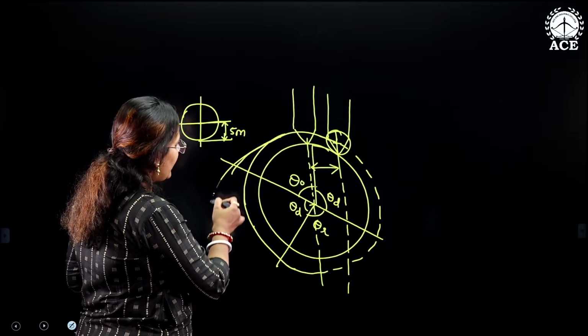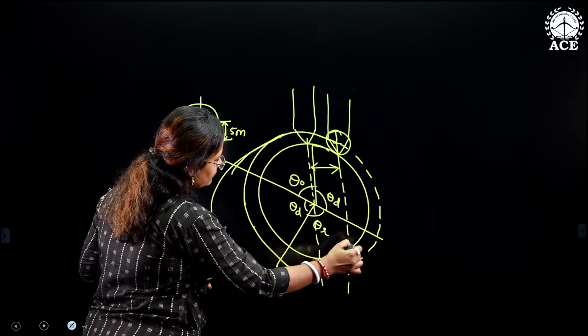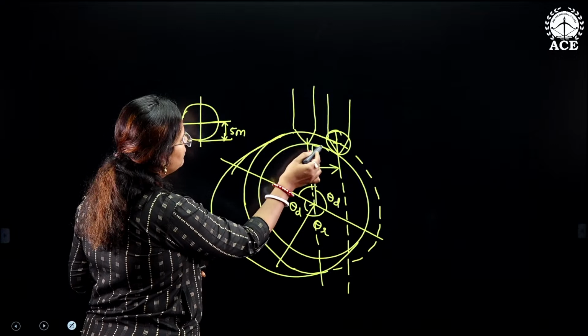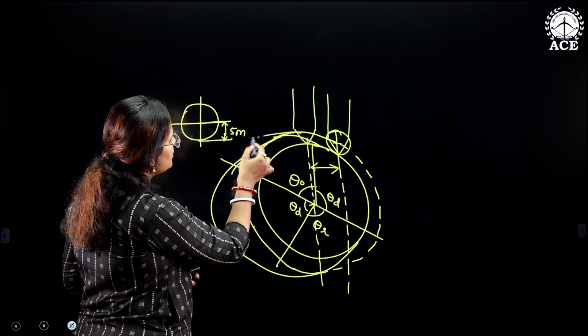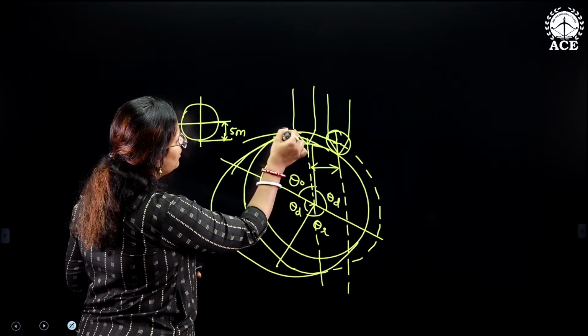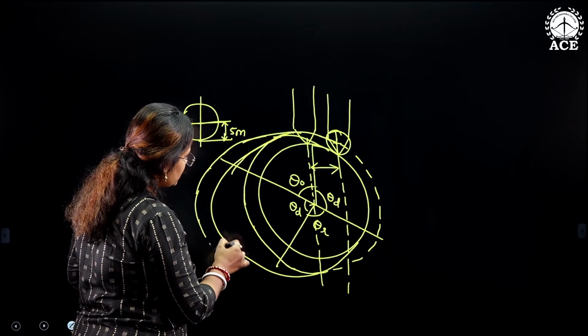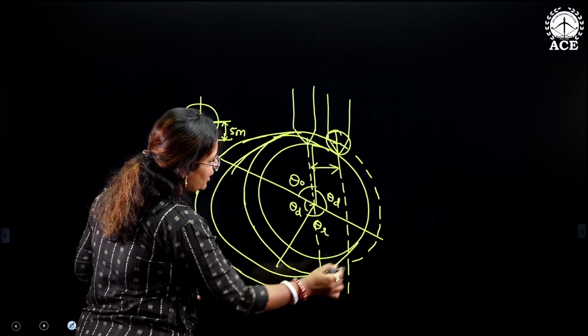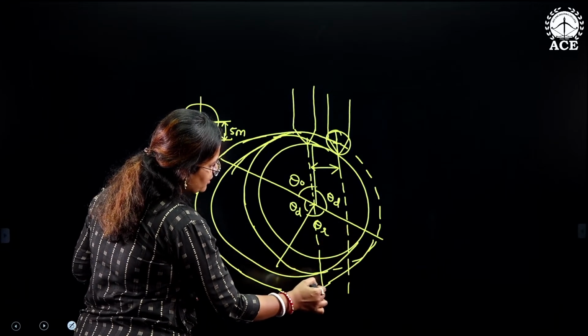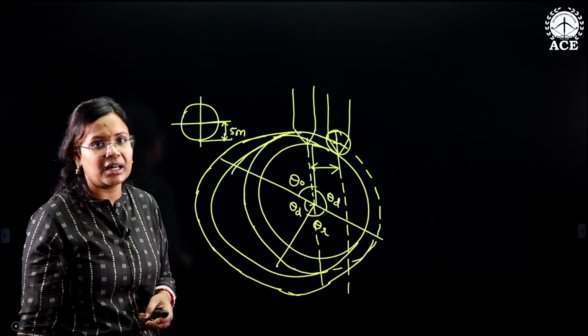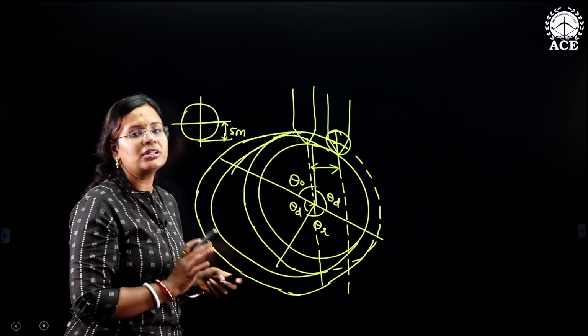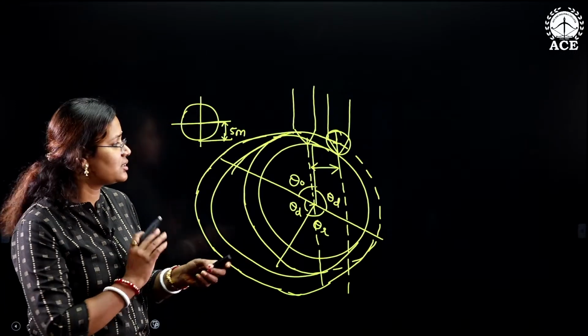Also, when you generate a cam profile, you have to draw the follower in all the pitch points. You have to draw the parallel lines over here also. This is going to be the locus of all the tracing points. We have discussed what all those tracing points are. So this is how the construction of the cam profile is going to be.